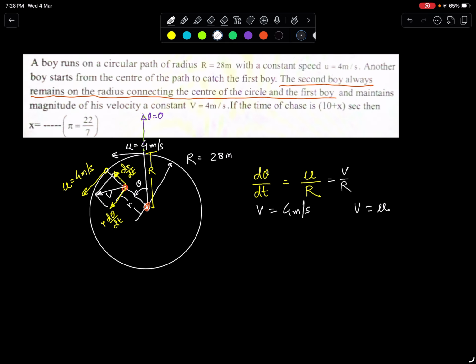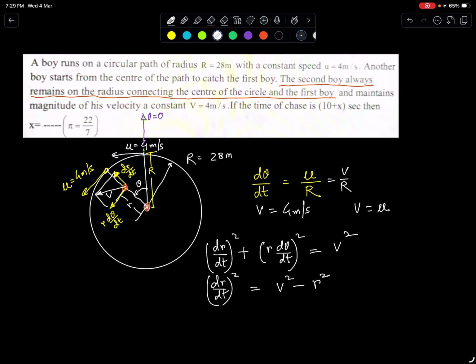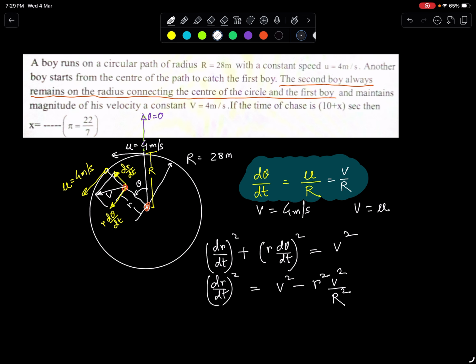So therefore I can write (dr/dt)² + (r dθ/dt)² = v². So (dr/dt)² is equal to v² minus r² times (dθ/dt)², which is constant, so v²/R², because initially we have proved that dθ/dt is u/R, and that is the same as v/R.